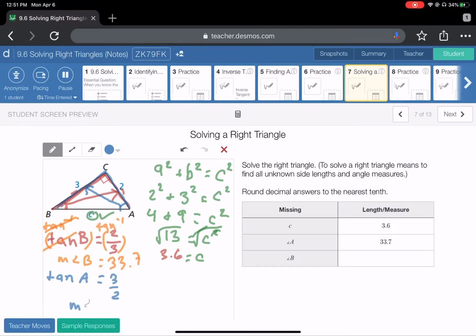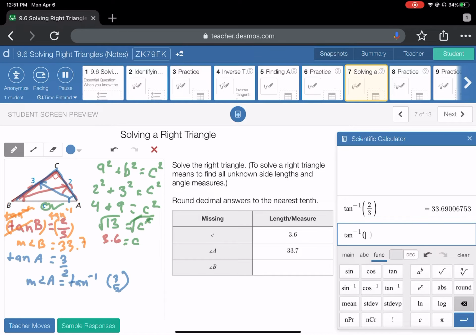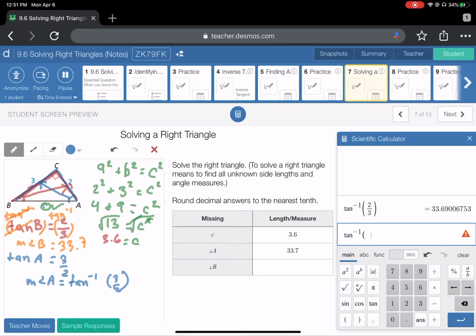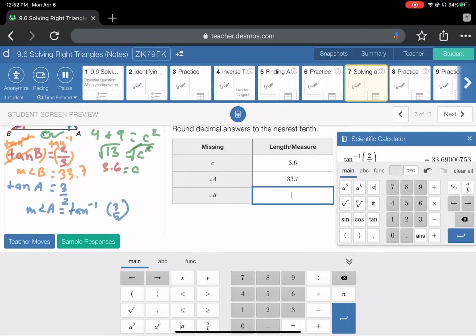So the measure of angle A is equal to, if we do tangent inverse to both sides, the tangent inverse of 3/2. Again, make sure that you press the correct tangent. This is tangent inverse, not regular tangent. Tangent of 3/2. See how that's different? So then we have 56.3.